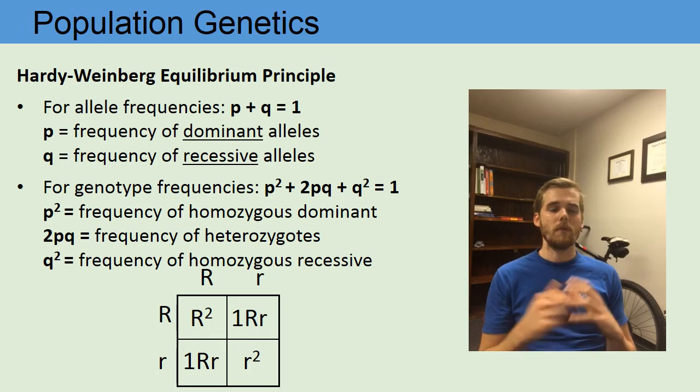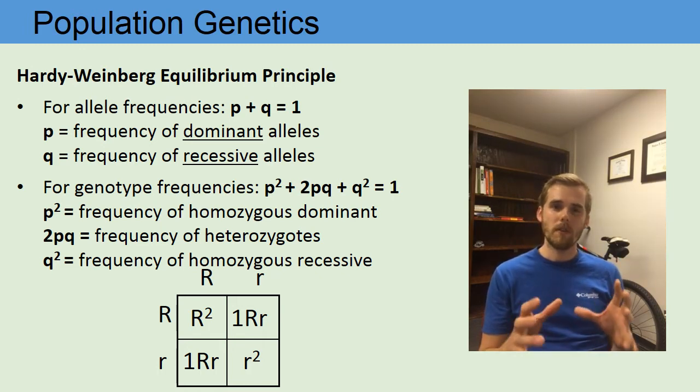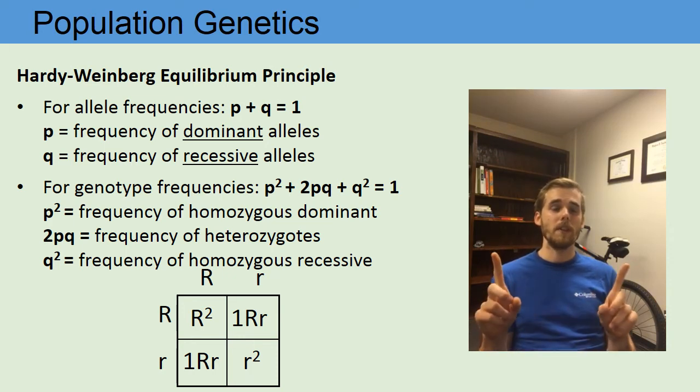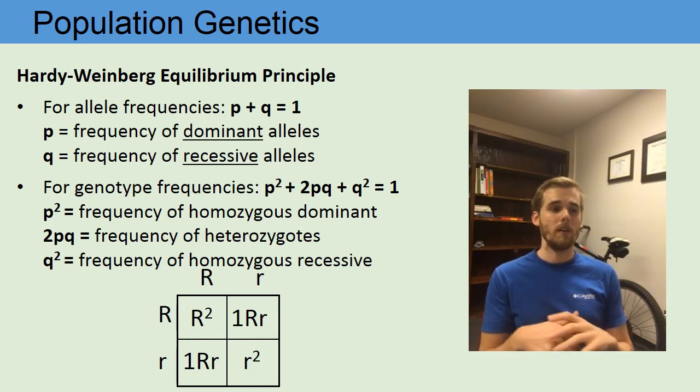One useful way of remembering this, although I don't want to confuse you, so I'm reluctant to put this out there, is that you can set this up in a Punnett square. If you were to cross two heterozygous individuals, the dominant individual would be big R, big R, so R squared. And then you would have two heterozygous individuals, big R, little r. So when you put both of those together, you get 2 big R, little r. And then when you put 2 of the little r's together, you get the homozygous recessive individual, little r squared.